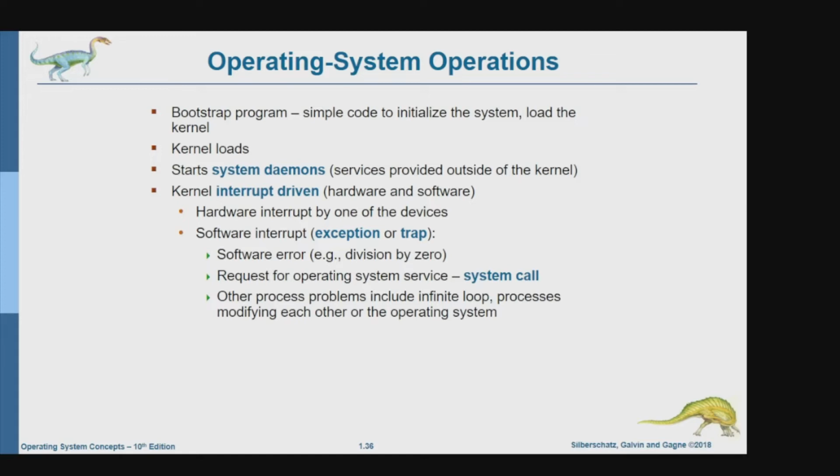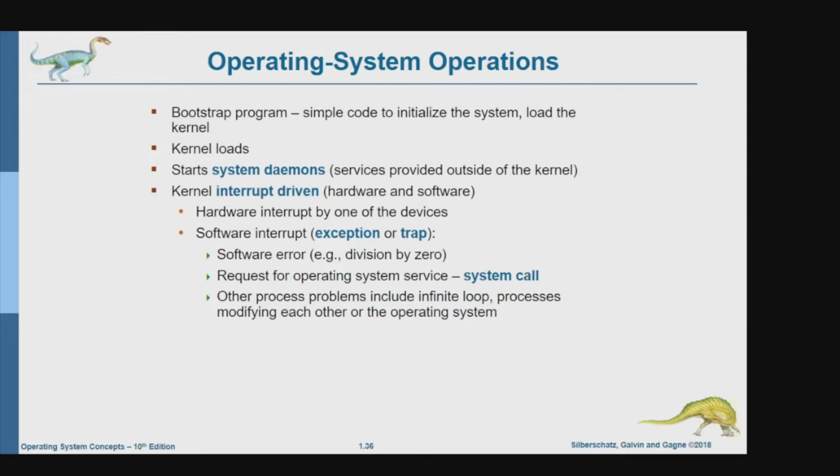Just like when you do programming and you put a try and catch for the exception in a certain part, that software interrupt is known as the exception or trap. The other term here, exception or trap, refers to the software interrupt.